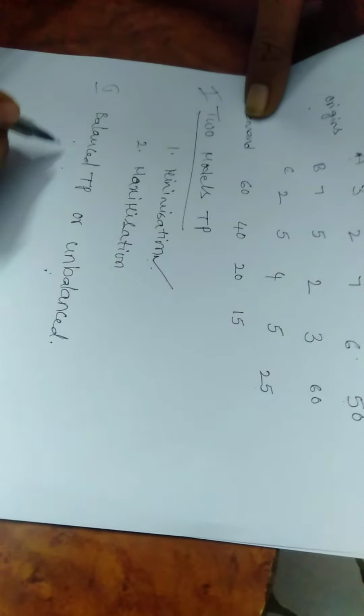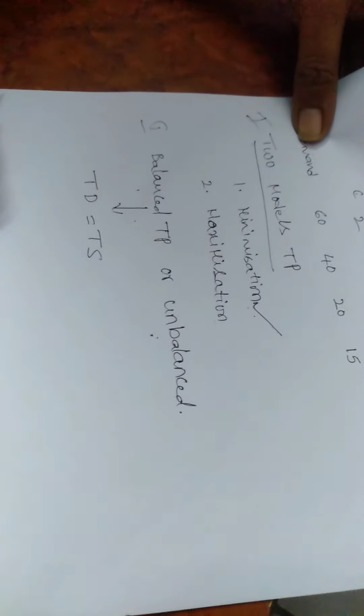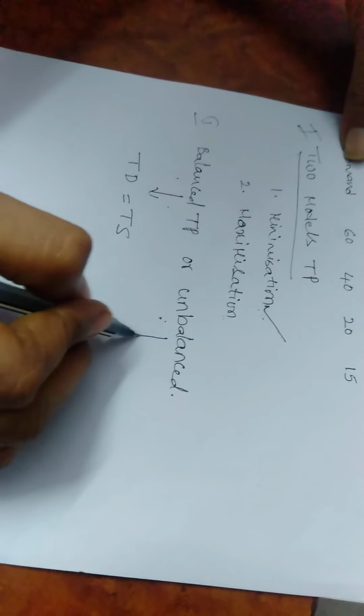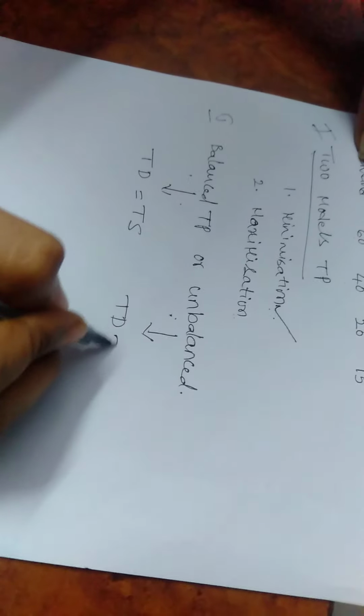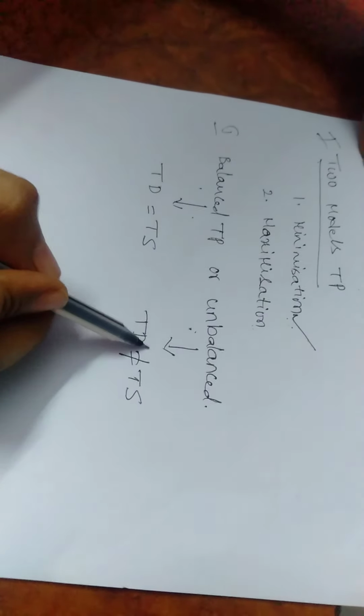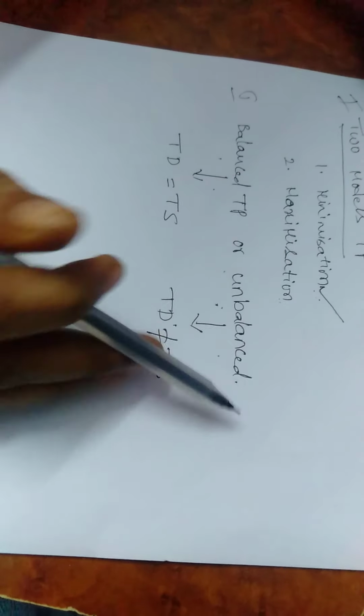A transportation problem is said to be balanced if total demand is equal to total supply. If total demand is not equal to total supply, then it is considered an unbalanced transportation problem.